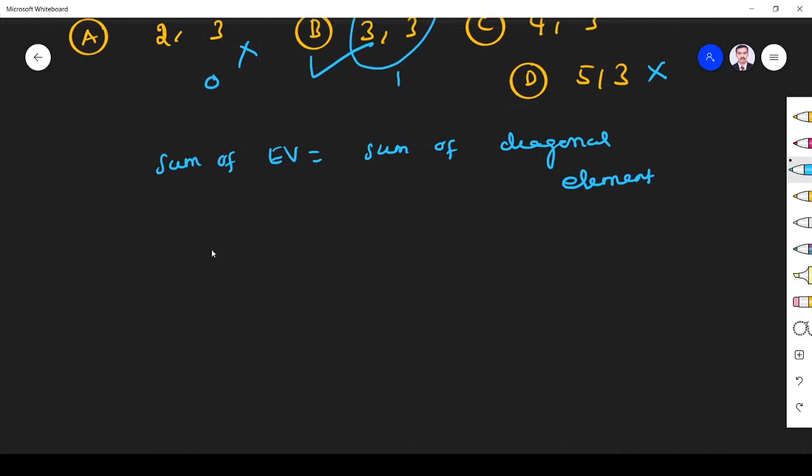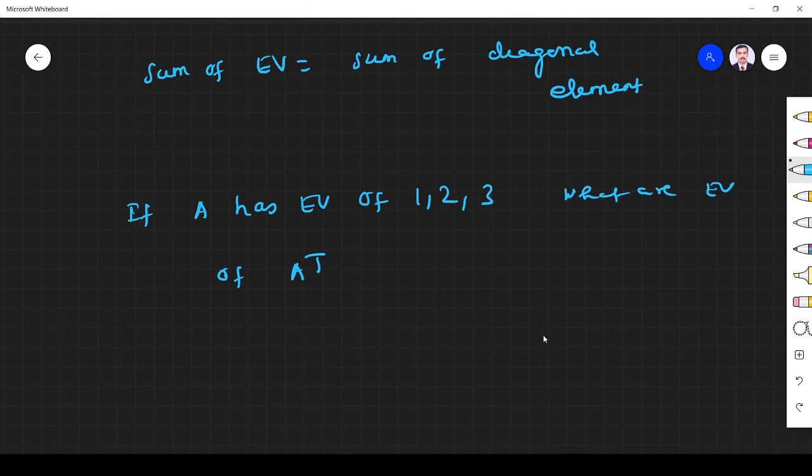Okay. Then a simple question: if matrix A has eigenvalues 1, 2, 3, what are the eigenvalues of A transpose?